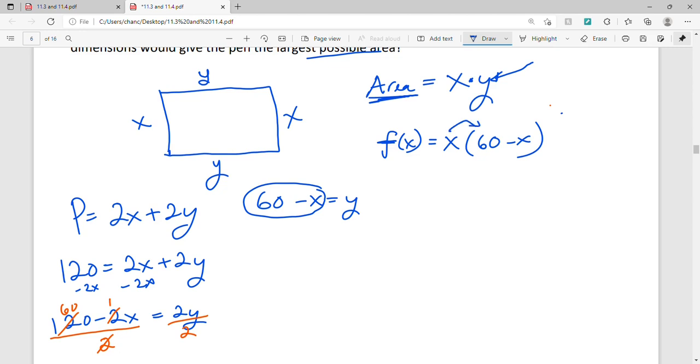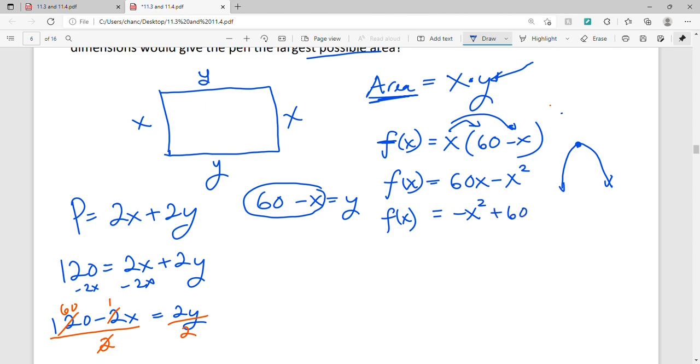We can distribute now. And so this gives us 60x minus x squared. Again, this looks like a parabola that faces down because it's a negative x squared. So I can rewrite it for you as negative x squared plus 60x.